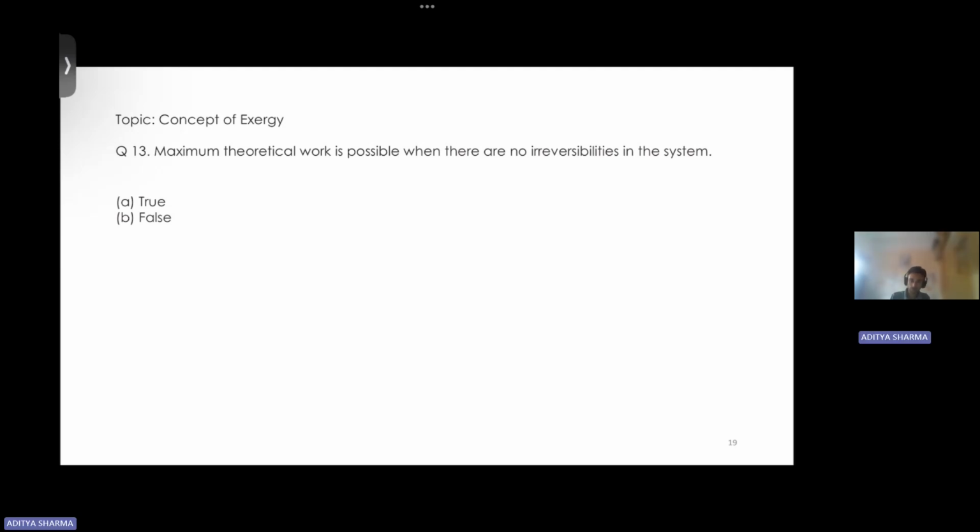So we can answer this question if we know what is the impact of irreversibilities on the system.